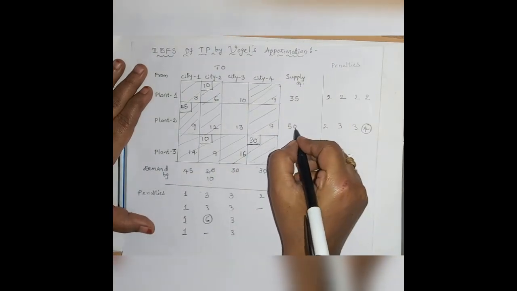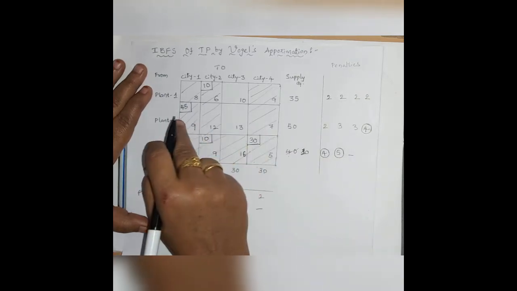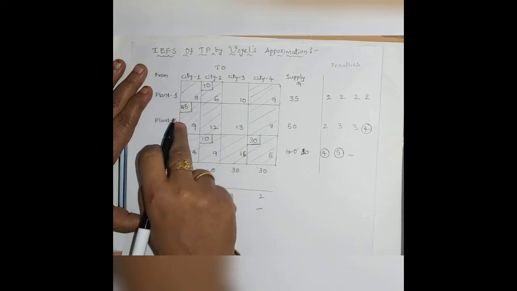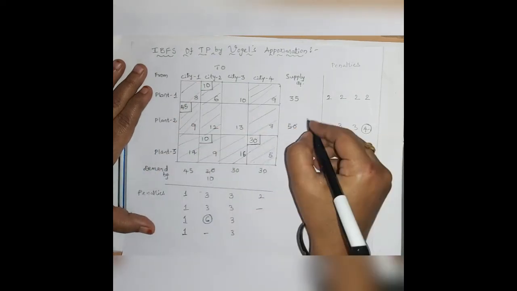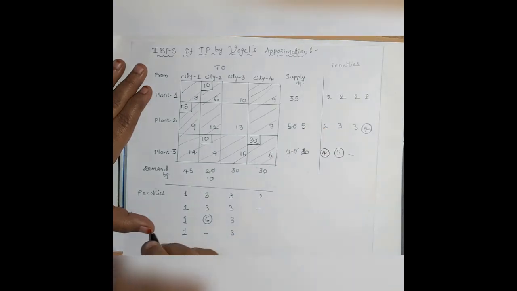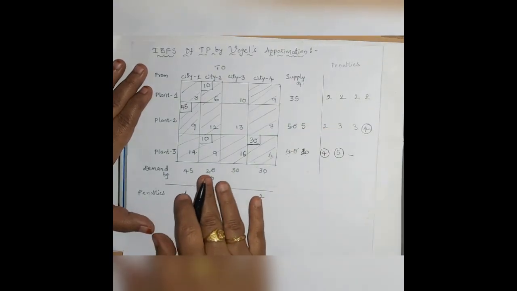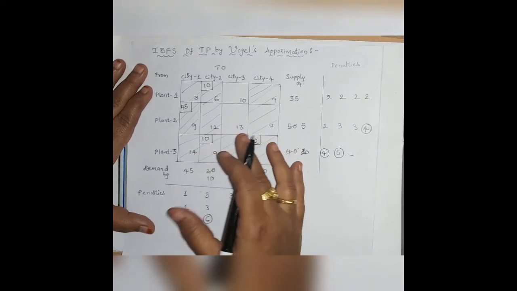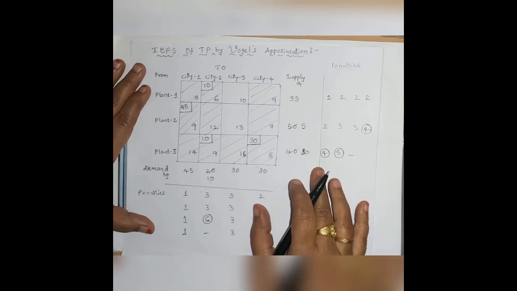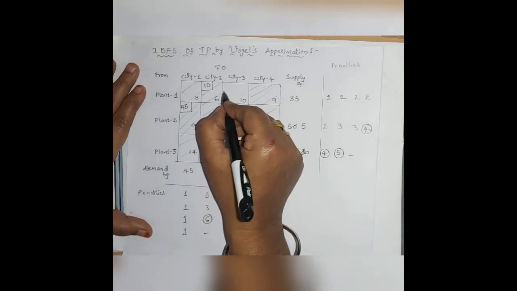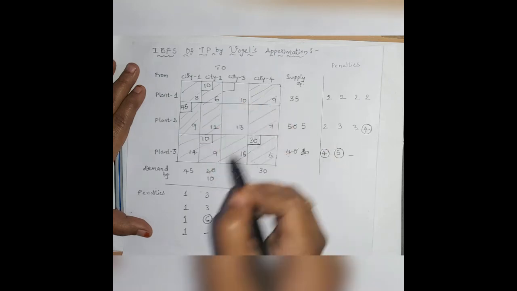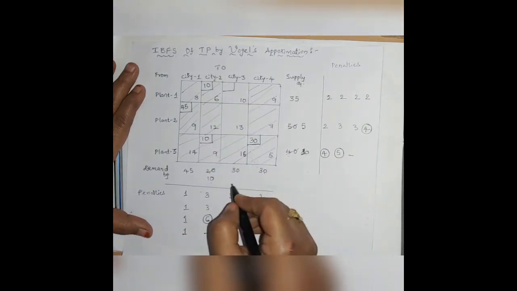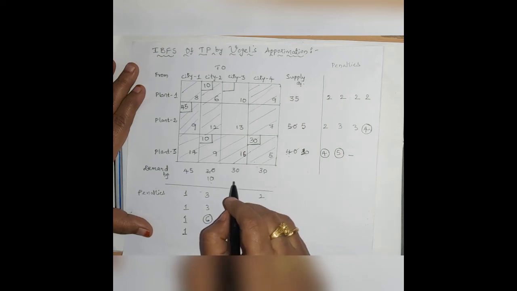Now out of the 50 units of the plant 2 supply, already 45 units have been assigned to city 1. So the remaining supply is 5 units, right? So I am remaining with only 2 cells here. So I need not consider the penalties again. So consider the cell which has the least cost. So here the least cost is 10, that is cell number 1, 3. So here now you can see that you need to allot the minimum of the supply and the demand, right?